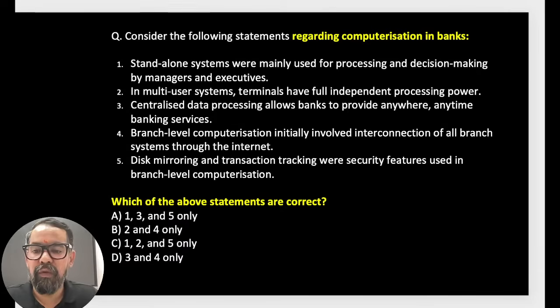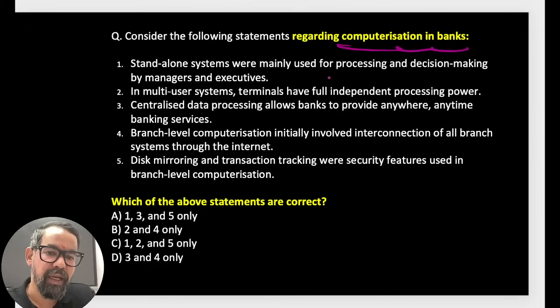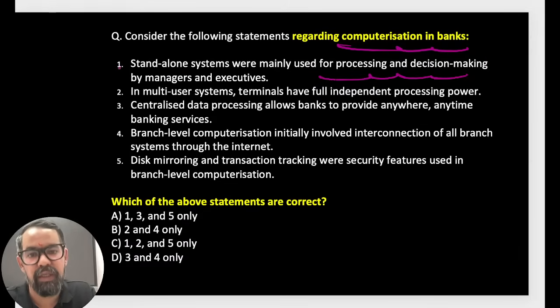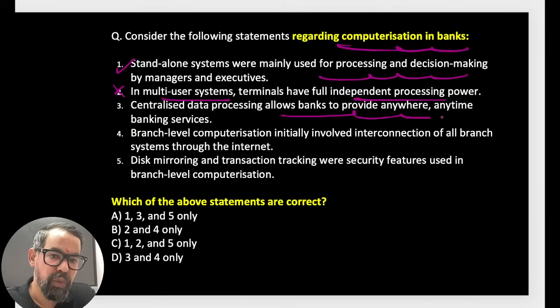So the first question on your screen is: consider the following statements regarding computerization in banks. First, standalone systems were mainly used for processing and decision making by managers and executives. Second, in a multi-user system, terminals have full independent processing power. No, they are centralized based. Next, centralized data processing allows banks to provide anywhere anytime banking services.